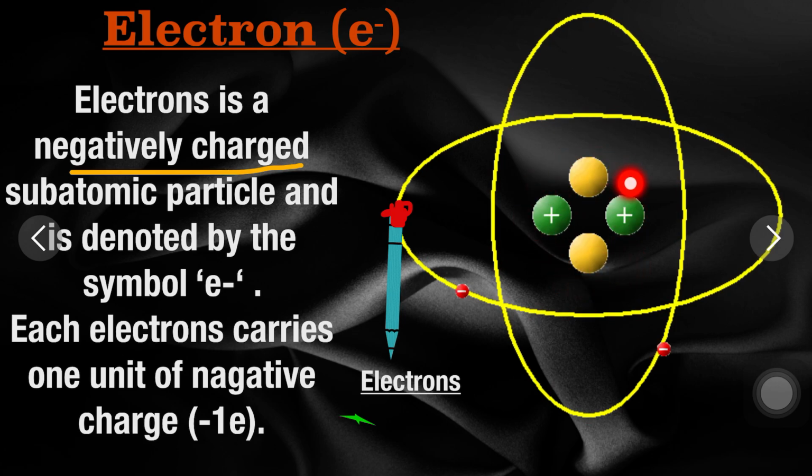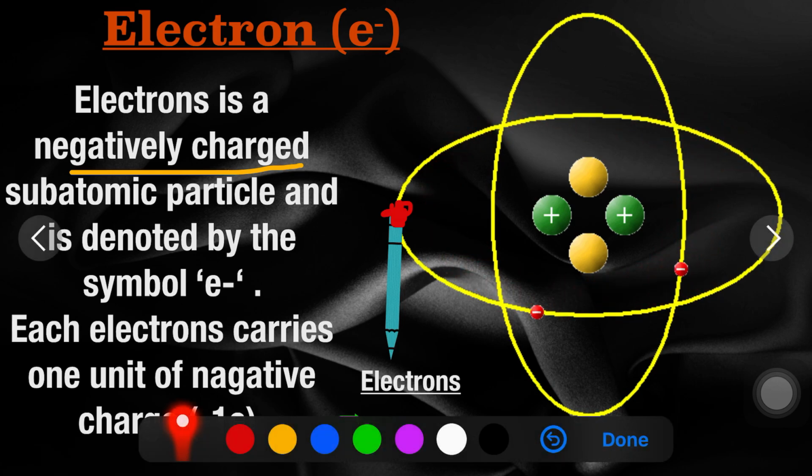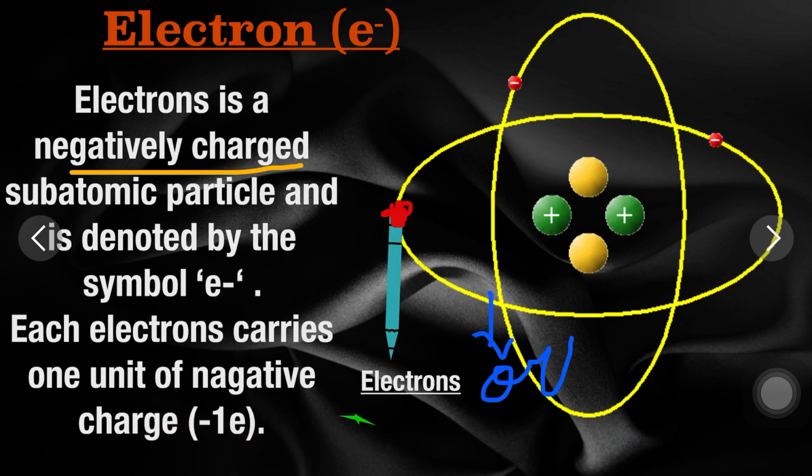In the center, there's a nucleus. Green color is the proton, and yellow color dot is the neutron. And the yellow color circle revolving around the nucleus is the orbit, and on that specific orbit there's an electron which keeps on revolving around the nucleus. This electron is negative in charge.